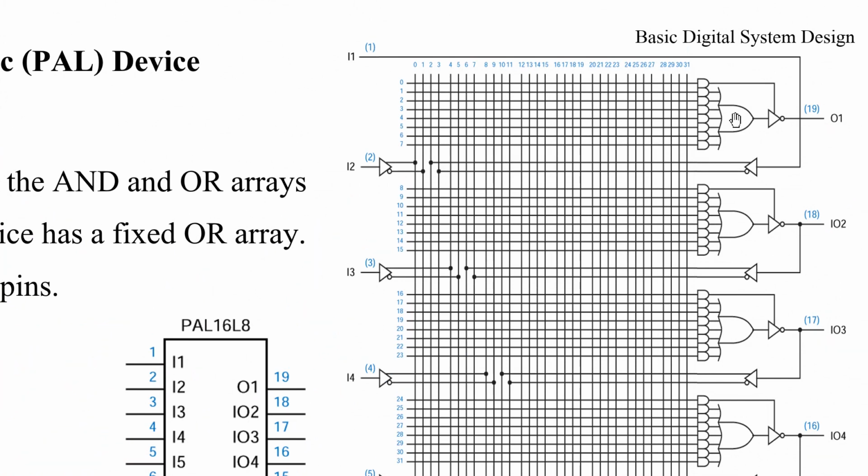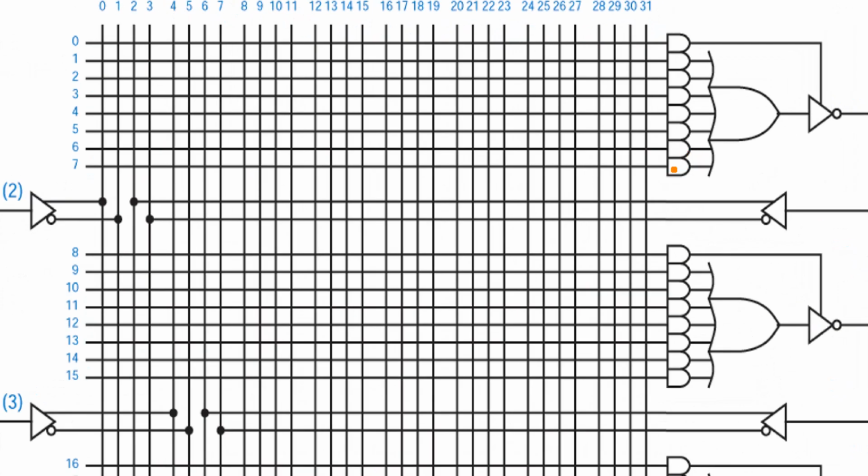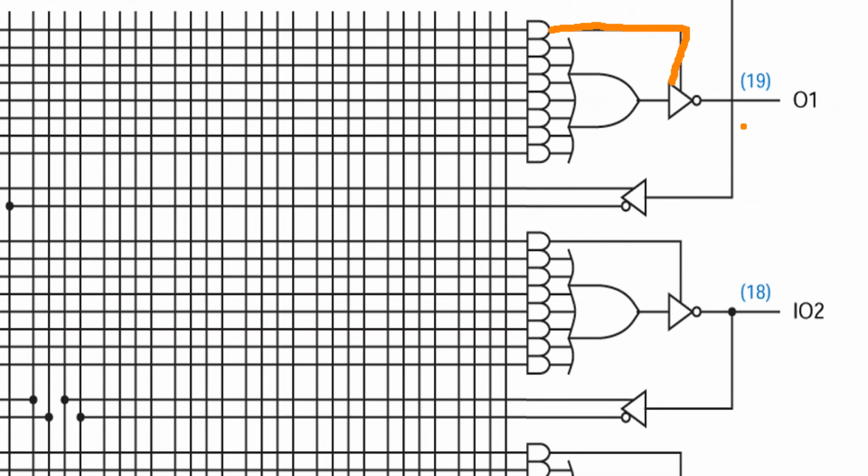For example, this one is an OR gate, and this one is an AND gate, with 1 2 3 4 5 6 7 8 inputs. The output of this AND gate connects to the enable control input of this buffer or inverter.